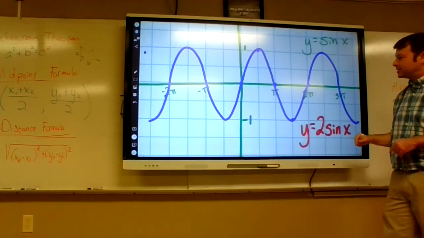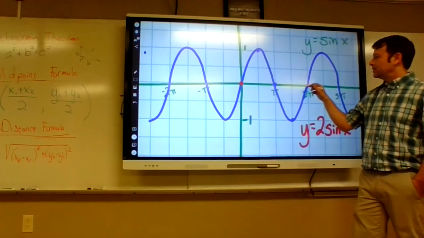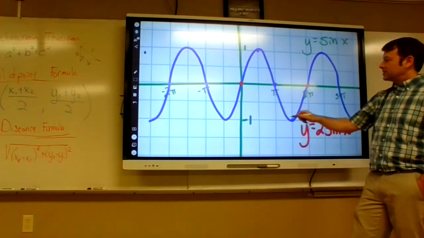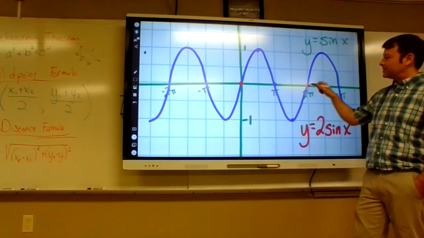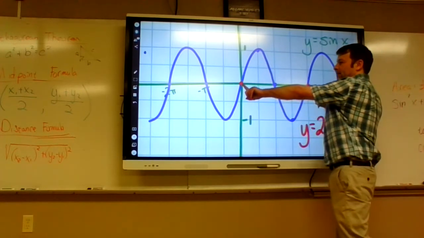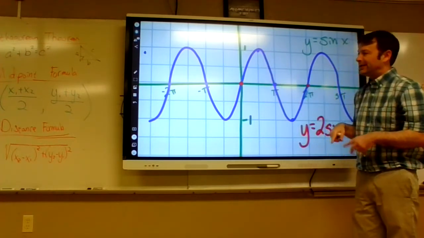Actually, before I start this, I should say something else. So notice from here to here, it's like one iteration of the graph. Before it starts repeating itself, it goes this far. And how far it goes before it starts repeating itself is called the period.